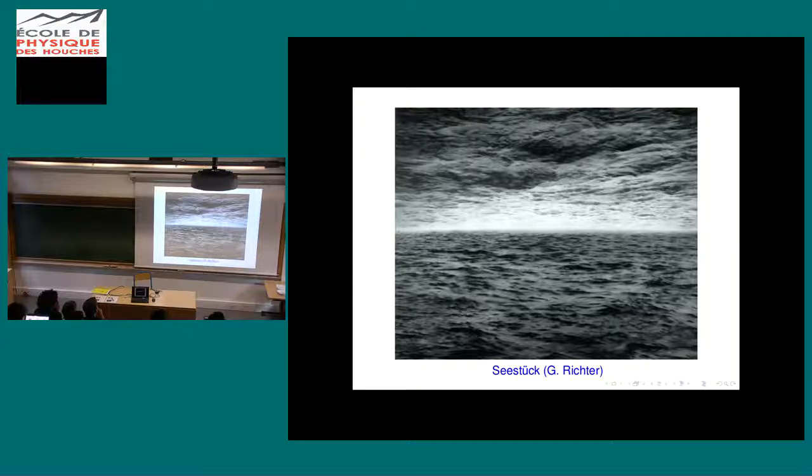It's called part of the ocean. For me, it shows ocean-atmosphere interaction very well. You have the ocean, you have the atmosphere. Both look turbulent and a little bit scary too. I like this painting very much.